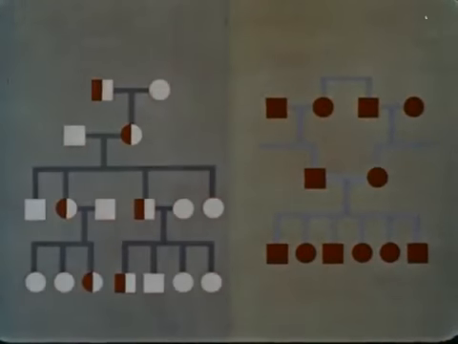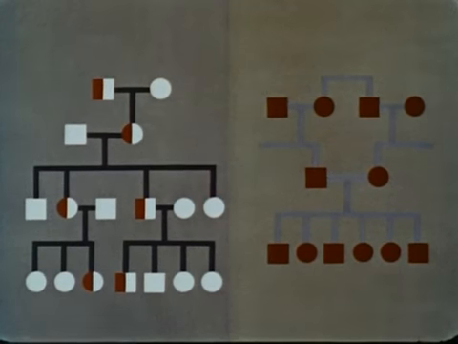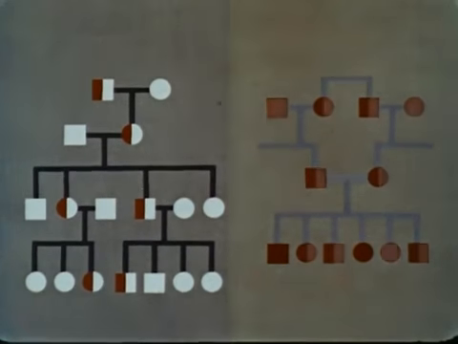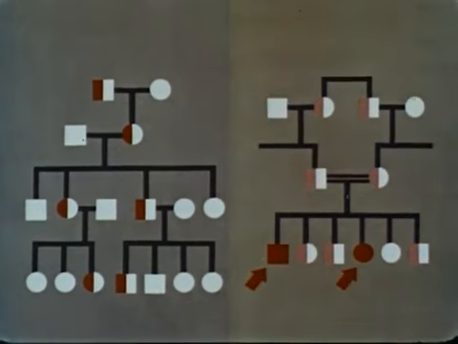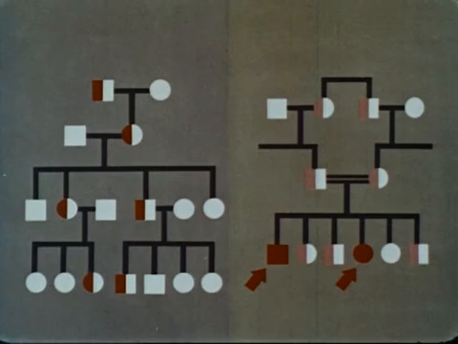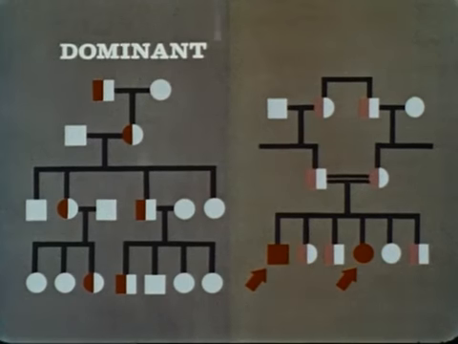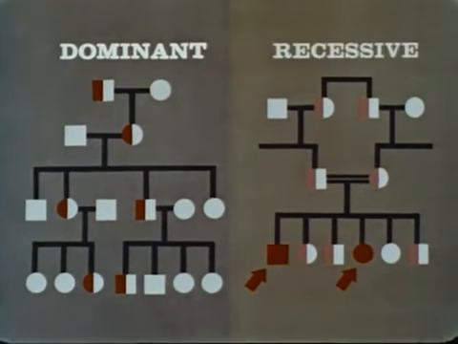It is also dependent on whether the gene in single dose, that is in heterozygous state, suffices to produce the phenotype under study, or whether the gene must be present in double dosage or homozygous state for development of the trait. Traits observable in the heterozygous person are termed dominant, whereas those which occur only in persons homozygous for the given gene are termed recessive.